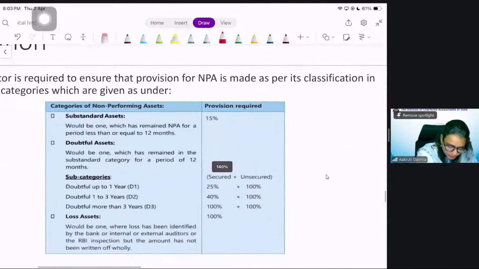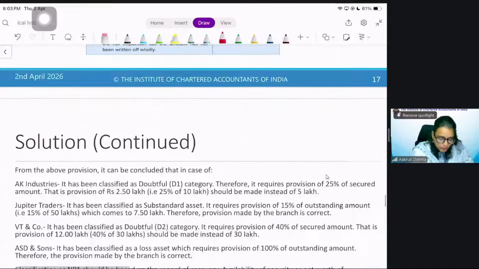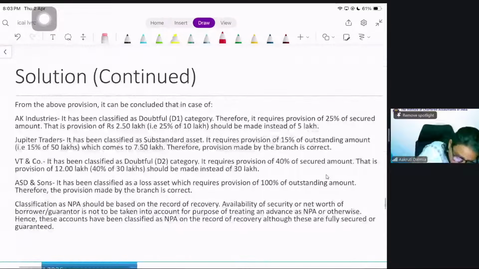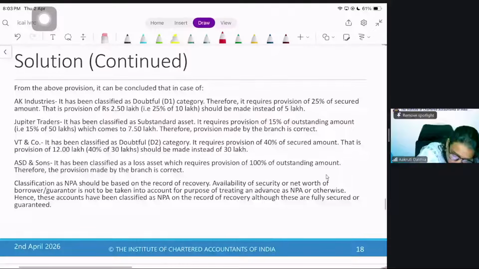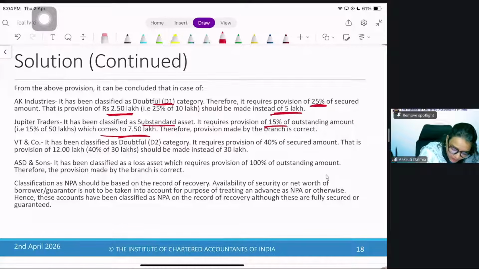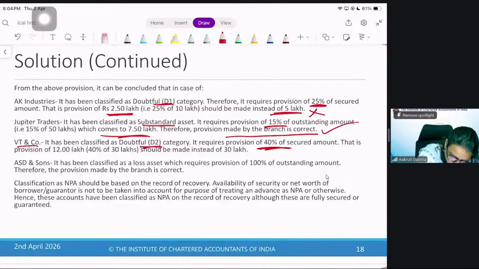This I have done. From the above, it can be concluded AK Industries has been classified as D1. The required provision is 25% only. So provision should be 22.5 lakhs instead of 5 lakhs. Jupiter has been classified as substandard. It requires provision of 15%, which comes to 7.5 lakhs. So provision made is correct. Here the provision made is wrong. VT and Company has been classified as D2. Provision should be 40%.